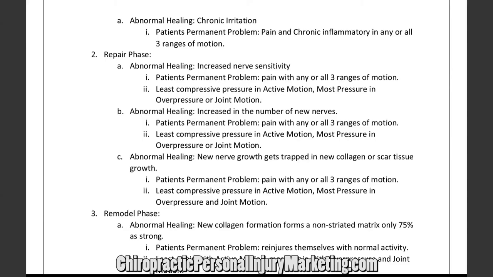I'm just sharing each of the negative aspects of potential healing, if it heals wrong, and some of the common expectations with the patient. Well, whether the nerves are increased in sensitivity, increased in number, or trapped, it's going to increase with the likelihood of compressive or tensile forces and decrease with less compressive force, such as neutral or in a plane of motion that's not injured, such as flexion maybe.